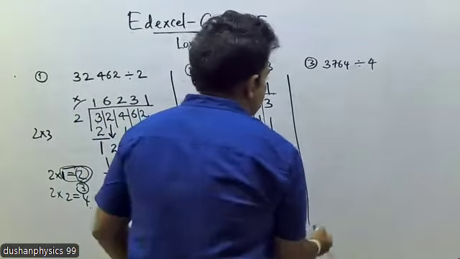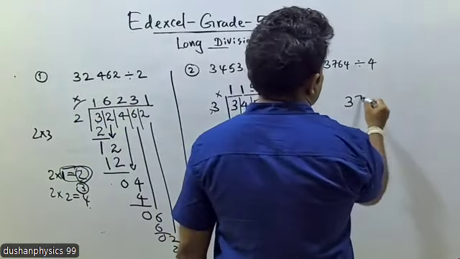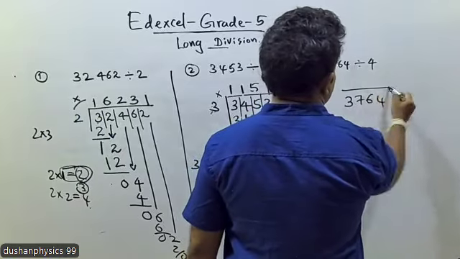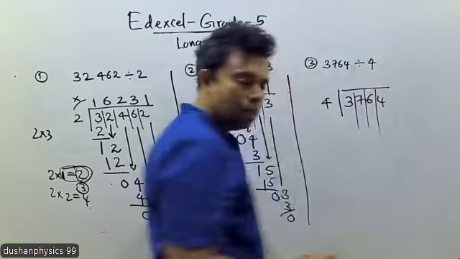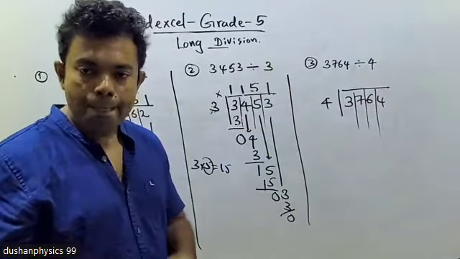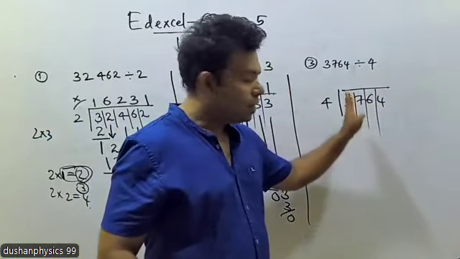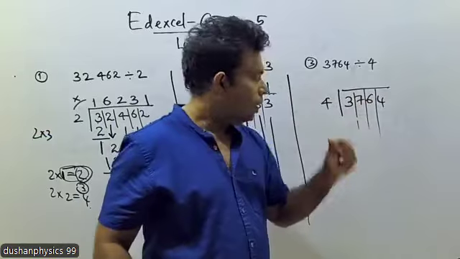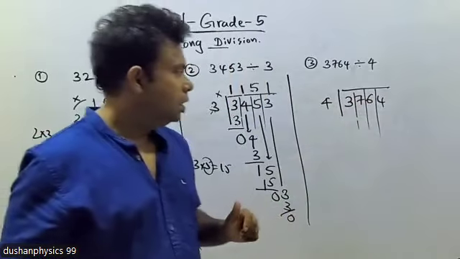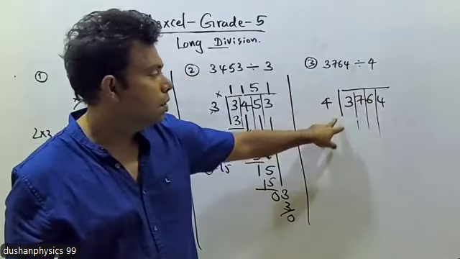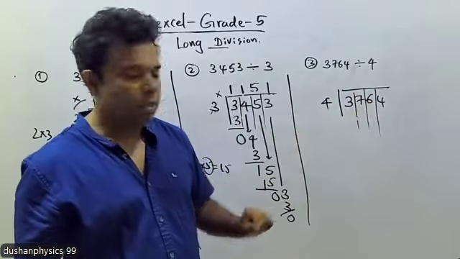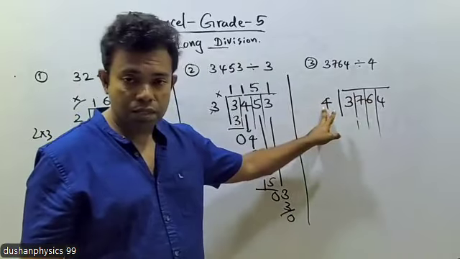So let's come to the last question. 3764 divided by 4. Divide by 4. As I said earlier, what is the very first step? You have to divide these numbers and focus individually. Now something special happens here. 3 is there, 4 is here.